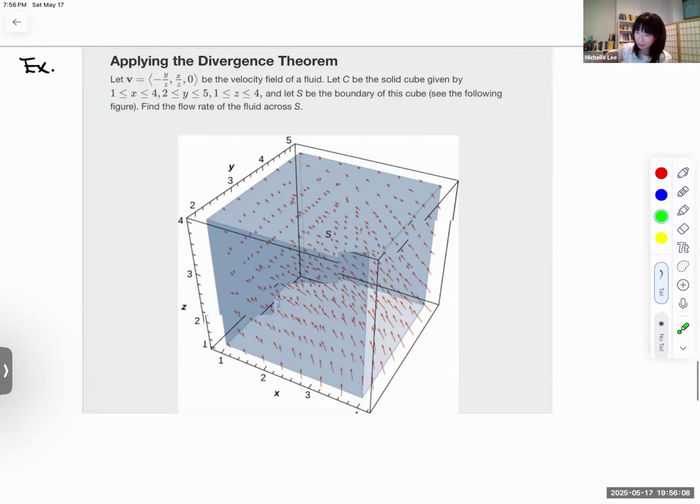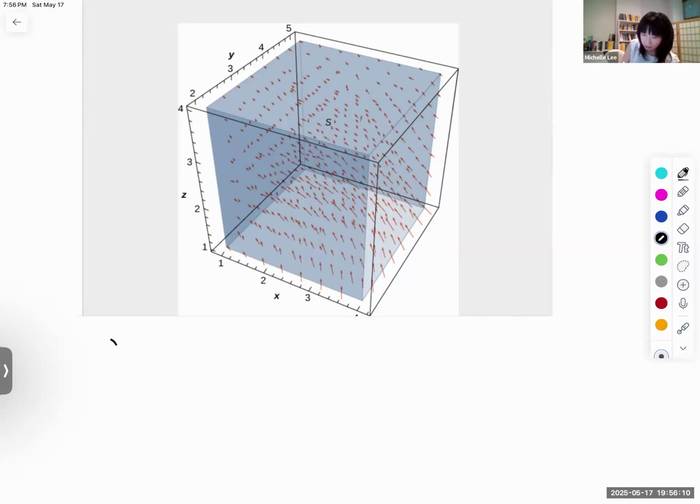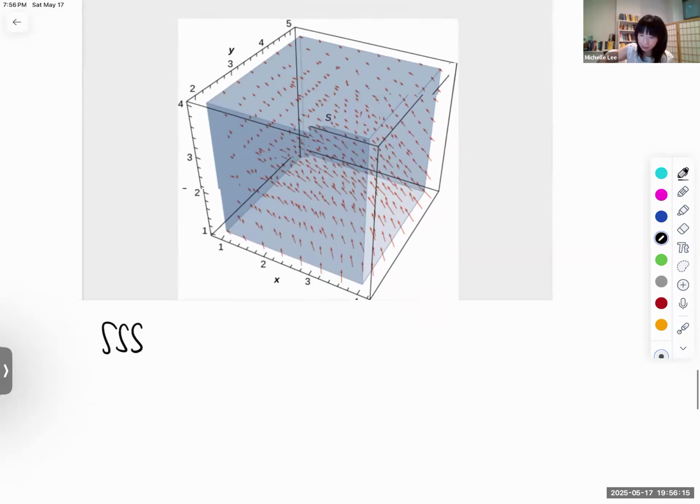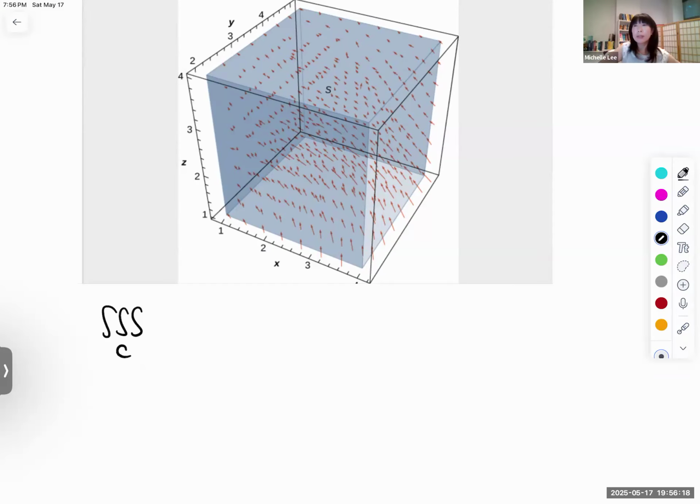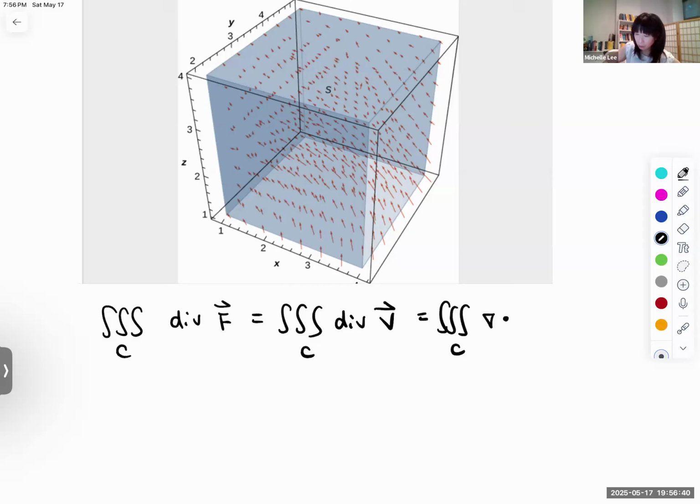So we have the triple integral over region E of the divergence of vector field F, and in that case we use the divergence of vector V, that is del dot product with the vector V.